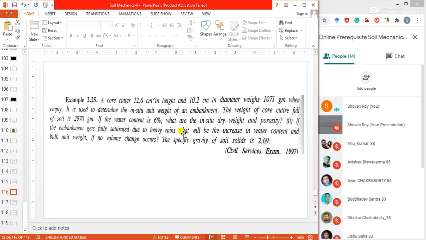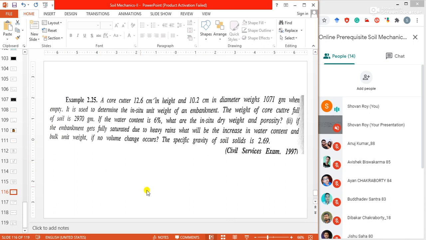Compaction and consolidation are both very much related to soil mechanics, and further chapters like shallow foundation, stability of slope, and earth pressure are the core chapters of foundation engineering. So today I will show you problems related to compaction.